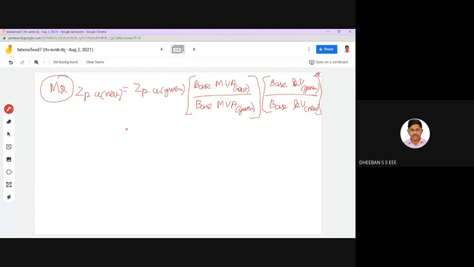On applying for the motor, it is 0.2 into 50 by 12 into 12.5 by 13.8, the whole square.